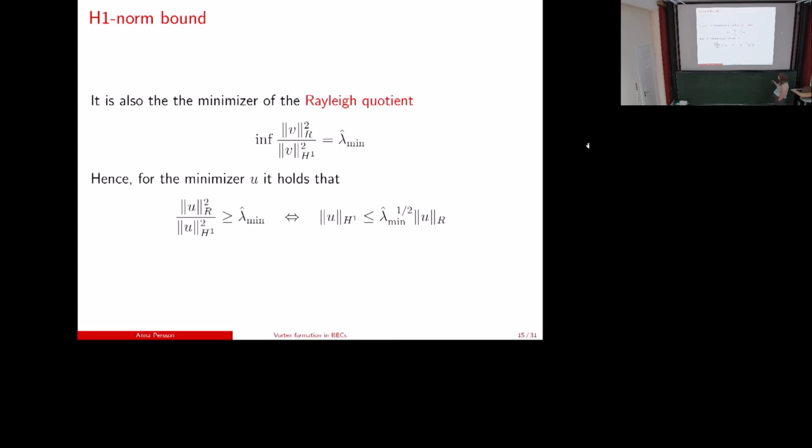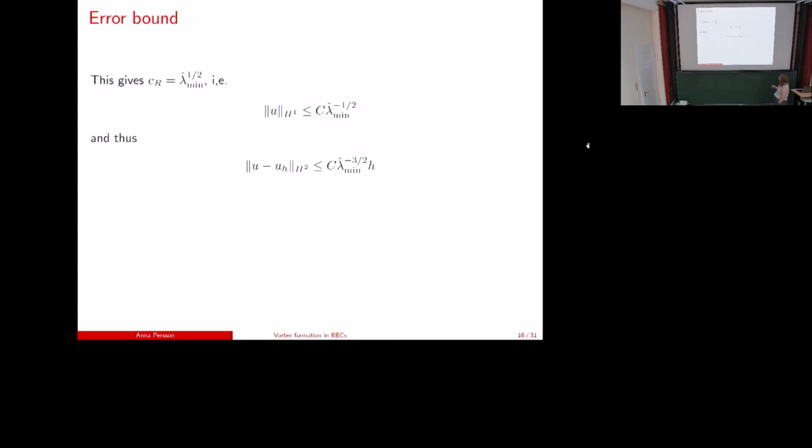And this gives me the following relation. So my CR that comes from this equivalence of the norms is the square root of this minimal eigenvalue. I use a hat on it because this is not the same eigenvalue as in the Bose-Einstein equation.